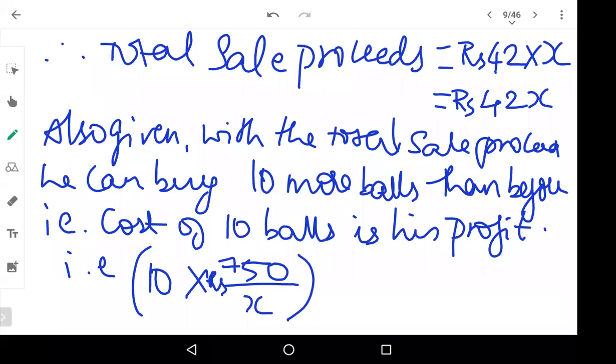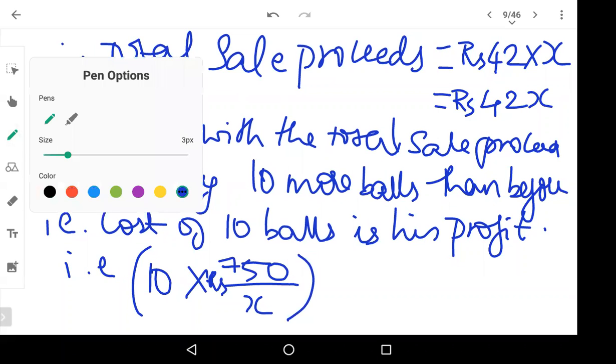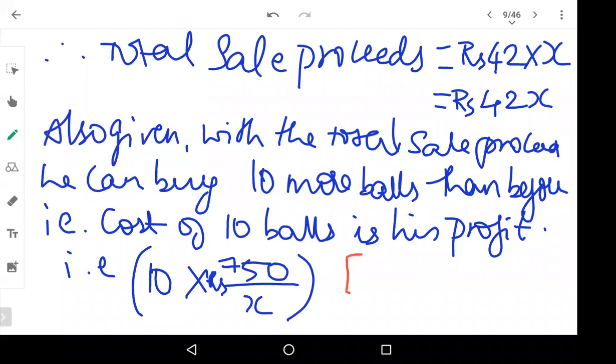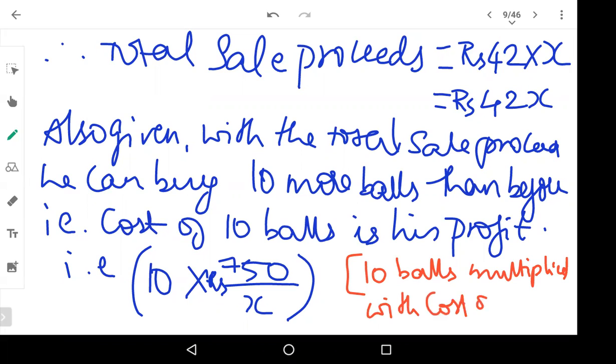Here at the side I will write it down in a different color for you to understand. 10 balls multiplied with cost of each ball. Okay, so I have derived everything.